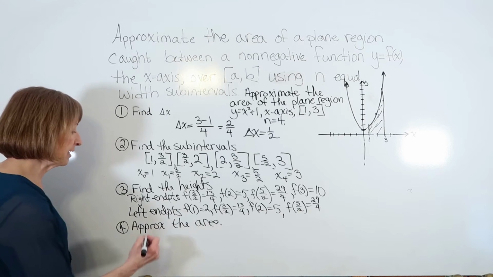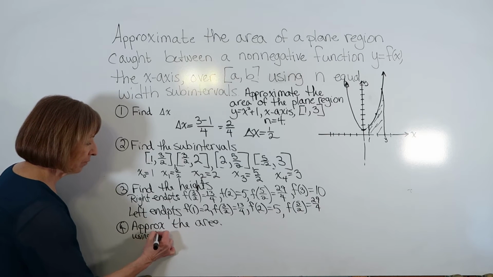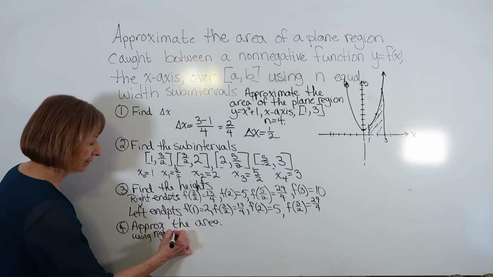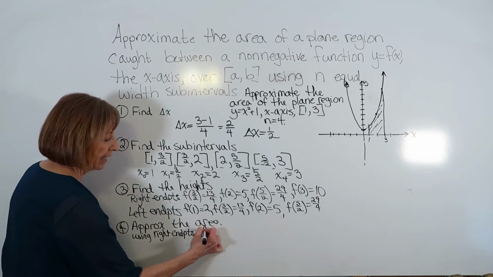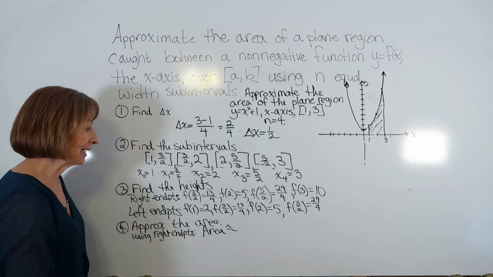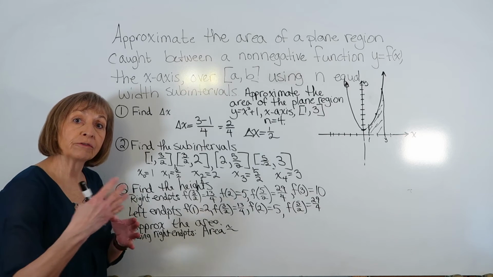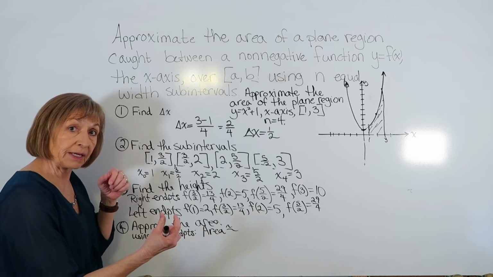So then if I'm approximating the area using the right endpoints, the area is approximated by adding up all of those rectangle areas. And you're going to do height times width.